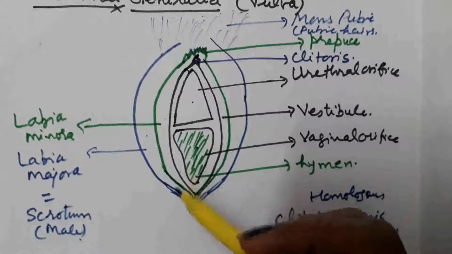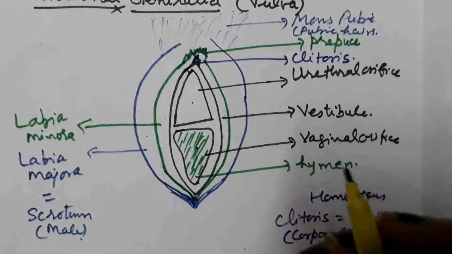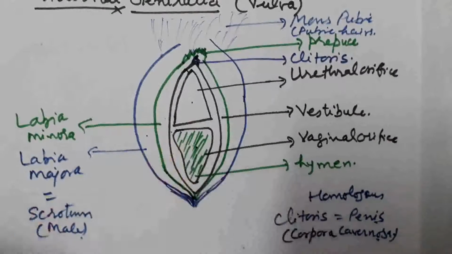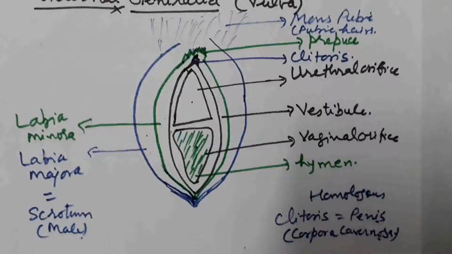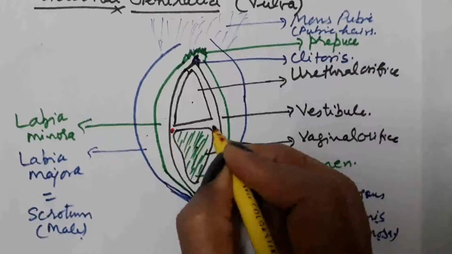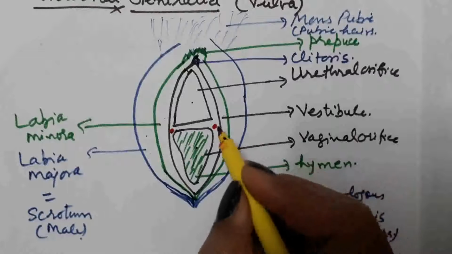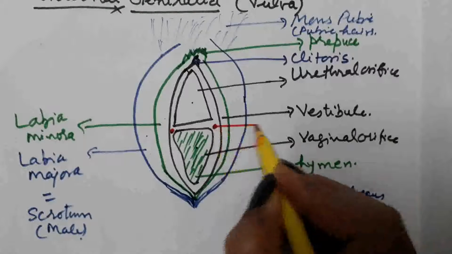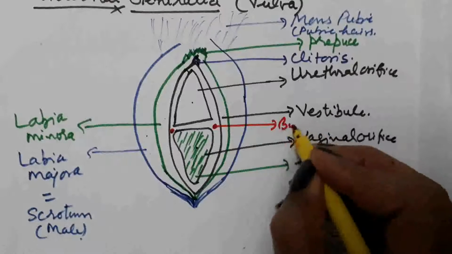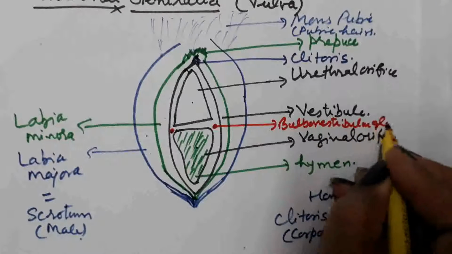Besides these there are female sex glands on both sides of the vaginal opening, one pair on either side of the vaginal orifice. These glands are known as the bulbovestibular glands.